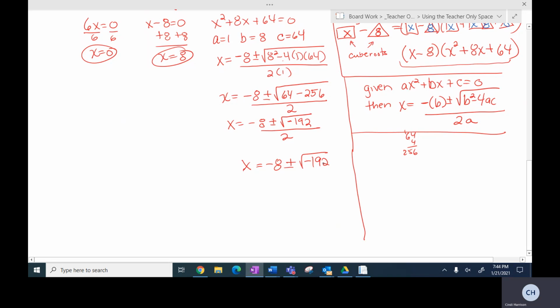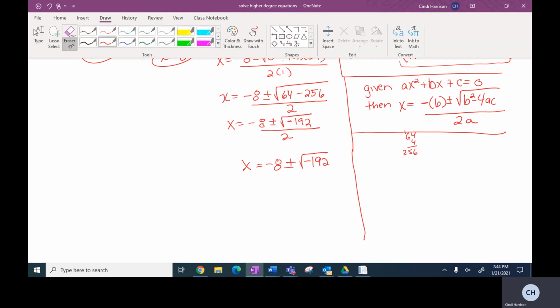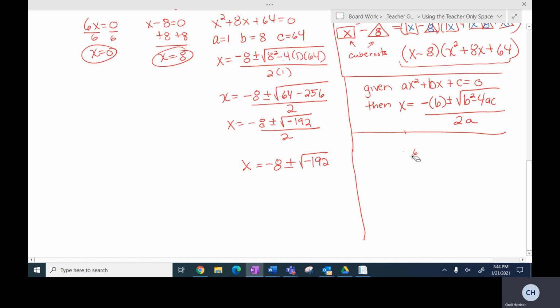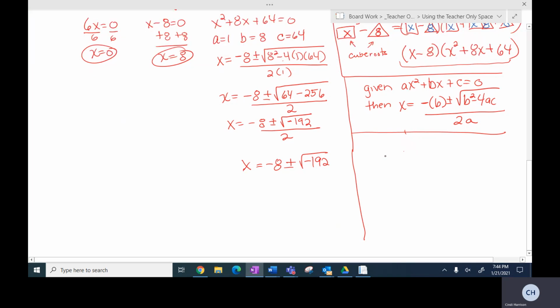And the reason we know that is because it's a negative under the radical. So you just need to be sure that you notice that. And then we need to simplify it by factoring out the square root of -1. That's the first step, because that is what i equals. i equals the square root of -1.